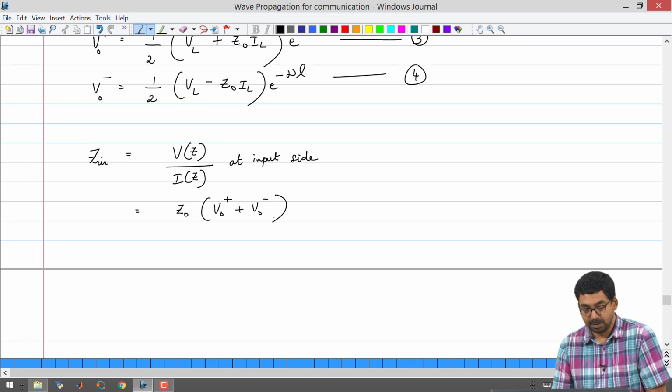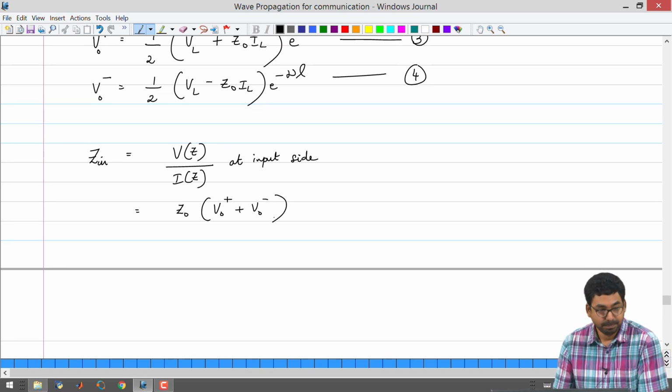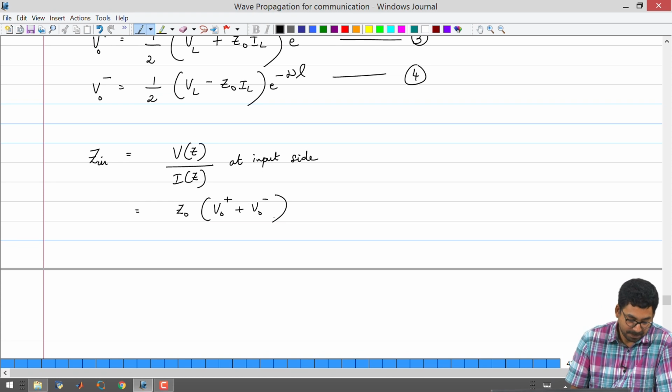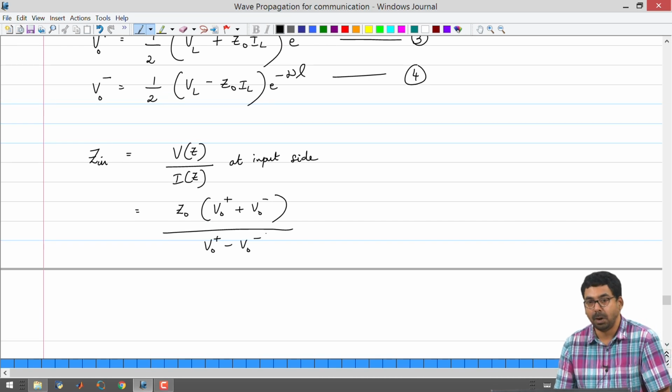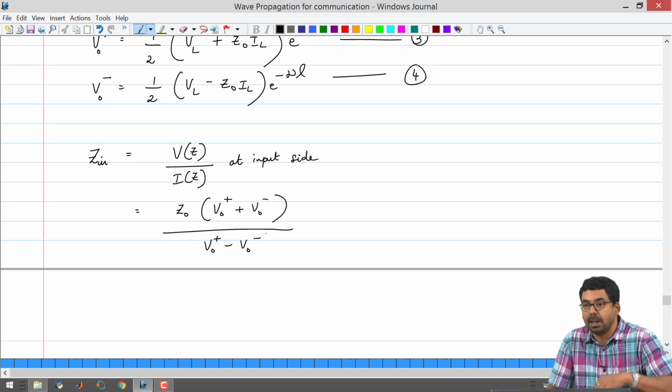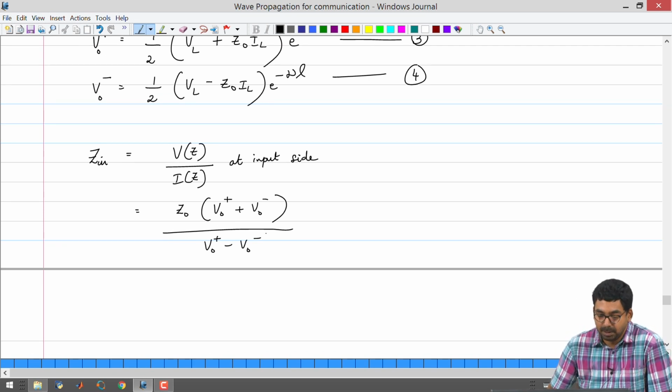So, it is V at Z equal to 0. It has a sum of a forward and a backward, denoted by V naught plus plus V naught minus, divided by V naught plus minus V naught minus. This is your source input impedance from the source side for a transmission line that is terminated with the load impedance of ZL.